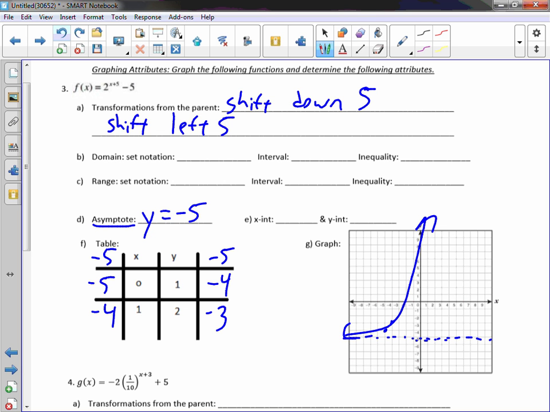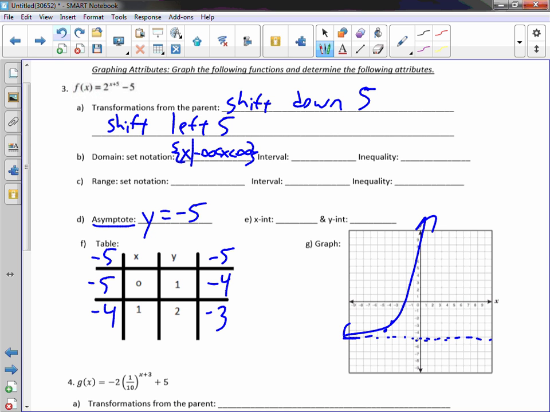Let's look at the domain. We read left to right. It's going all the way to the left, and it's going all the way to the right. So our domain is all real numbers. Set notation is that squiggly line. We could put -infinity less than x less than infinity.